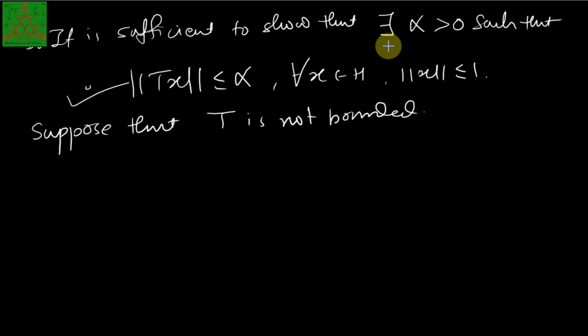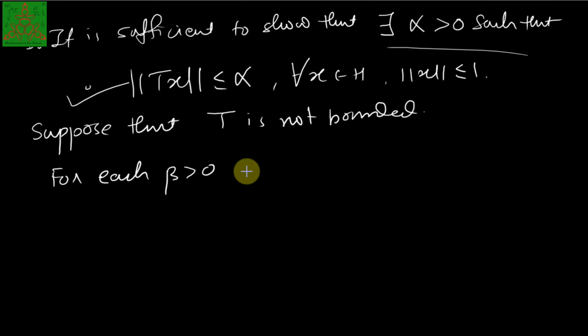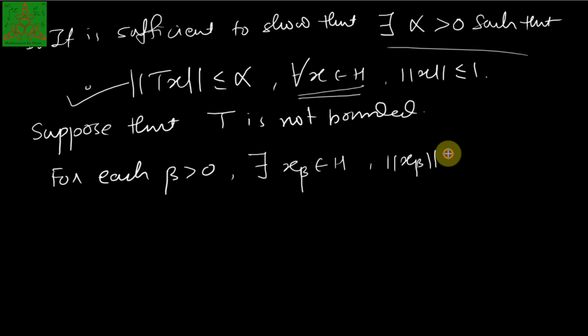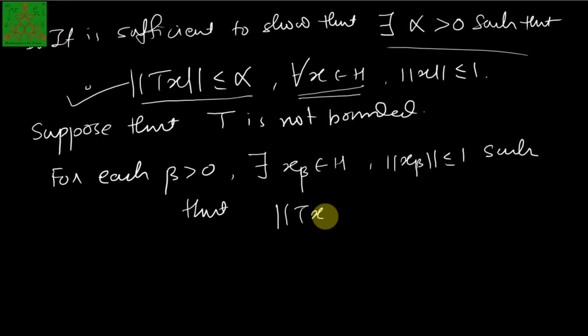If I negate this statement, instead of there exists alpha, we should have for each beta greater than 0, there exists some x beta belonging to H with norm of x beta less than or equal to 1 such that, instead of norm of Tx less than or equal to alpha, we have norm of T x beta greater than beta.